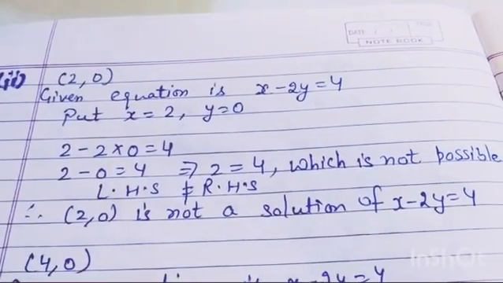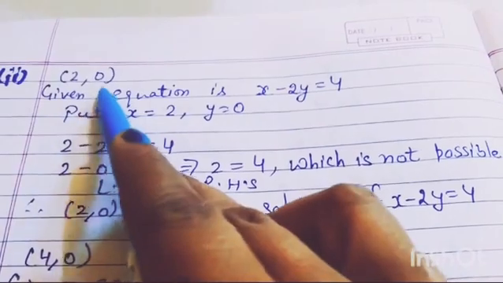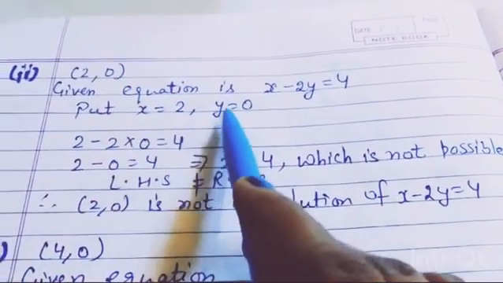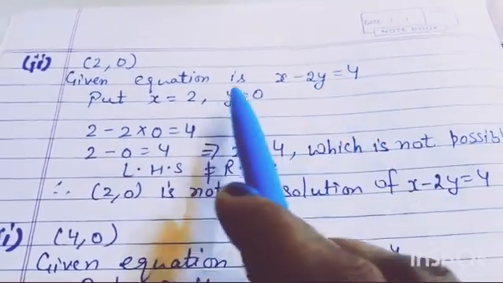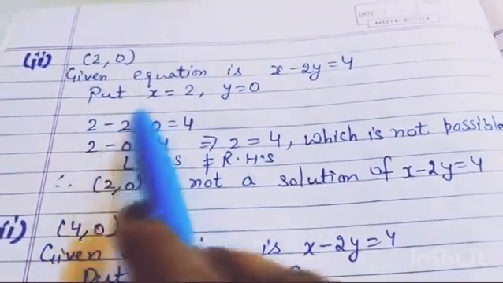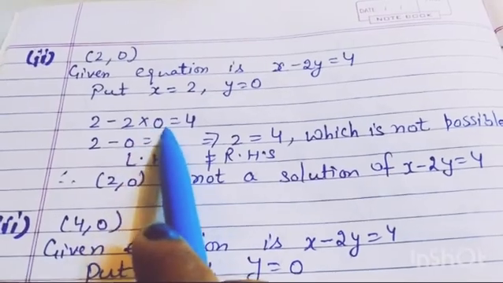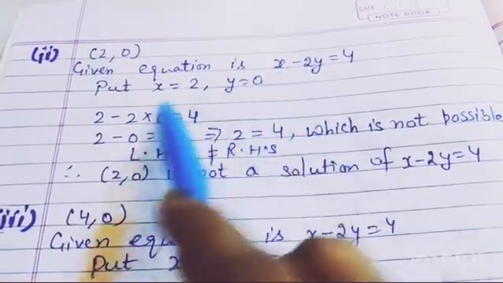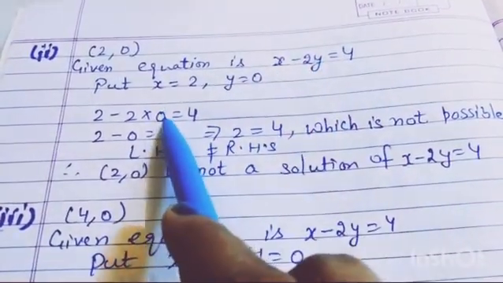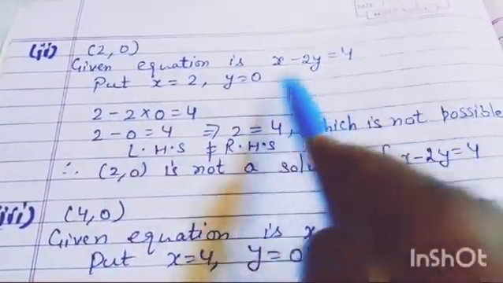Then its second part is (2, 0). Here we will put the value of x equal to 2 and the value of y equal to 0. The same equation is given, x minus 2y equal to 4. We will put the values here. We get 2 minus 2 multiplied by 0 equal to 4. Here we have taken 2, and in place of y we have taken 0, and 2 as it is and 4 as it is.